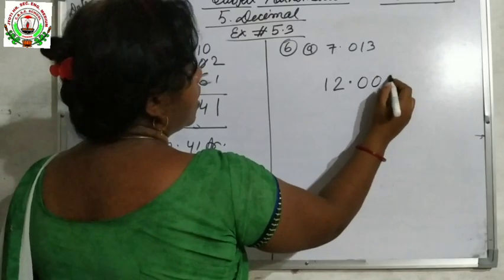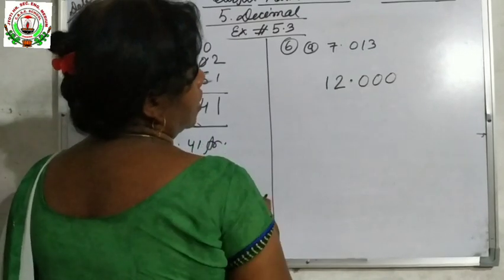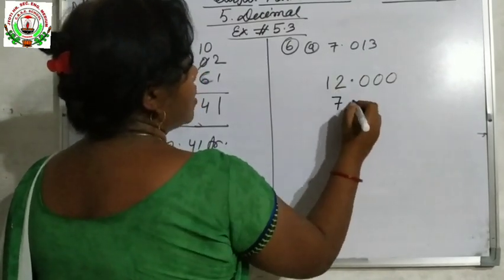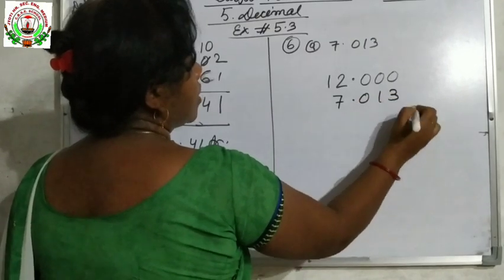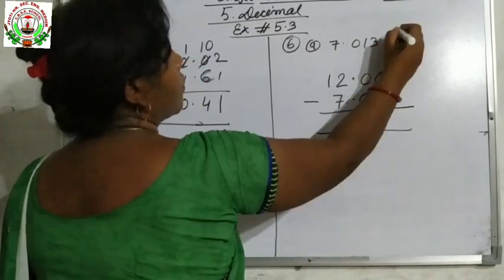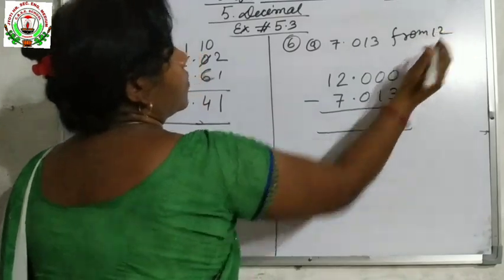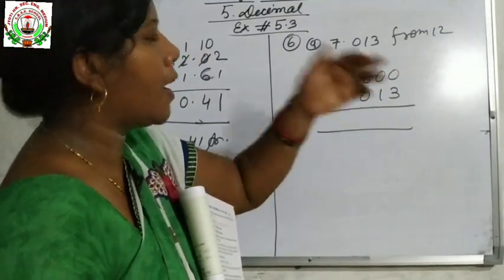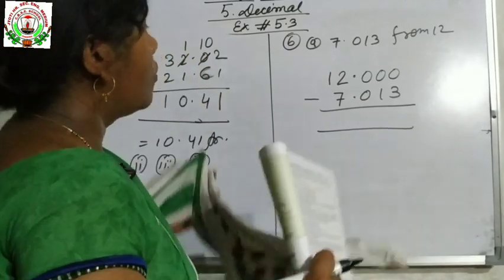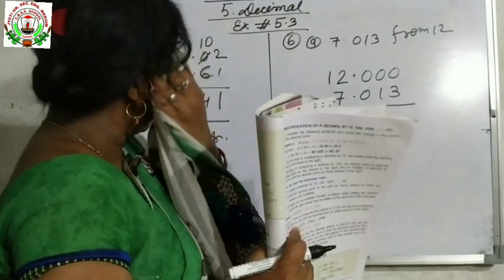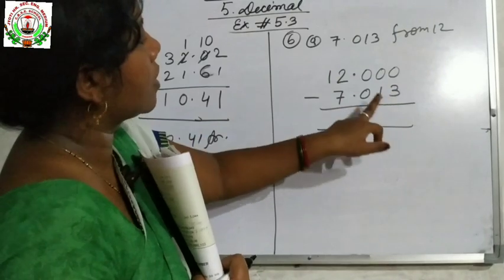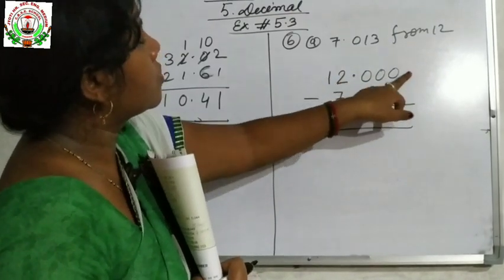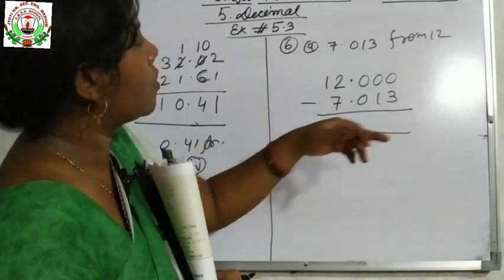So we will put a decimal and 000 because 3 digits are there. So 12.000 and you will write here 7.013.